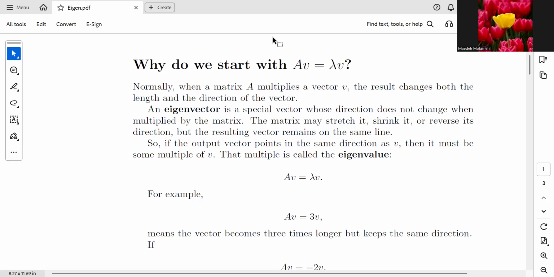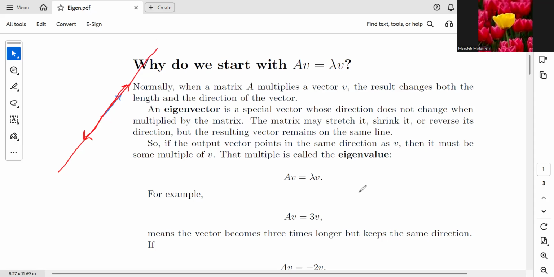It can have any length, and it can be the same direction or the reverse, but on the same line, not something like this. So this is called an eigenvector.